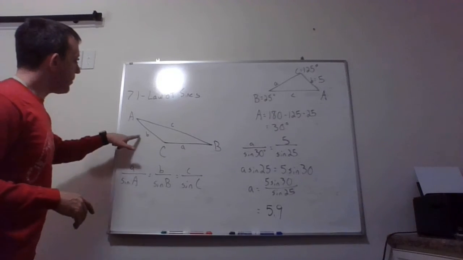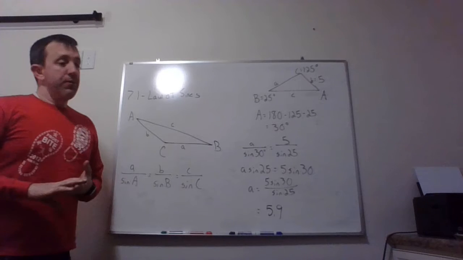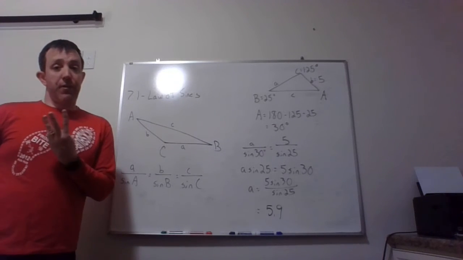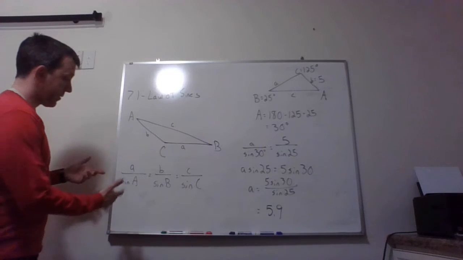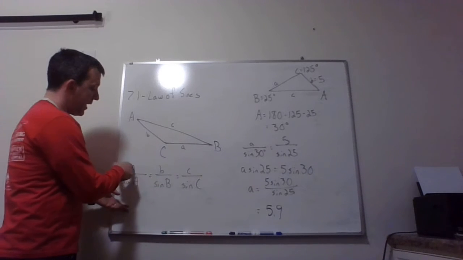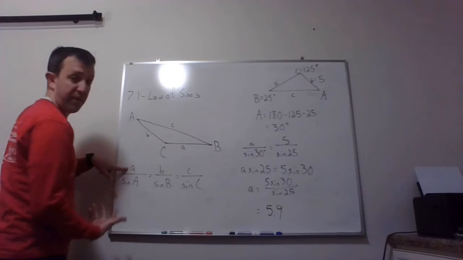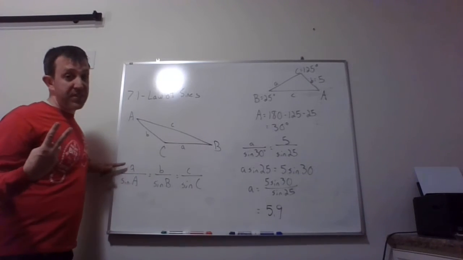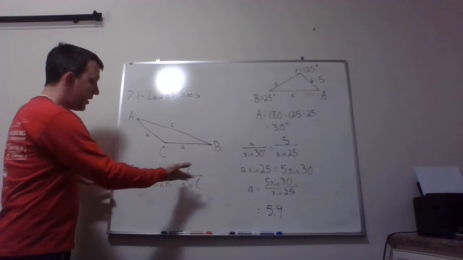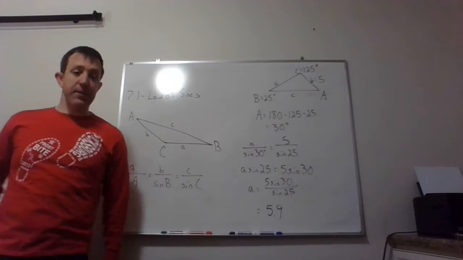So when we do the law of sines, here's what we're looking for. In order to use it, we have to have three pieces of the triangle, because you have to have one whole fraction and another part of a fraction to be able to solve for anything. If you only have two pieces of the triangle, you can't set up an equation that you can solve with only one missing piece.